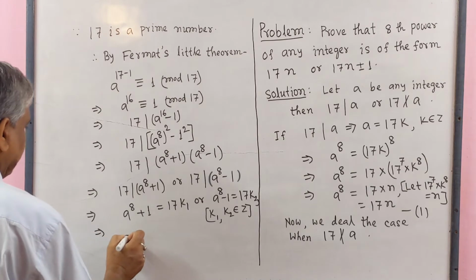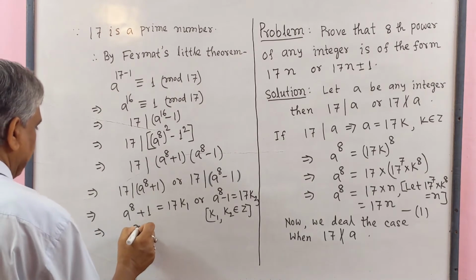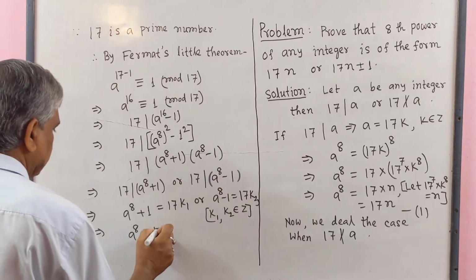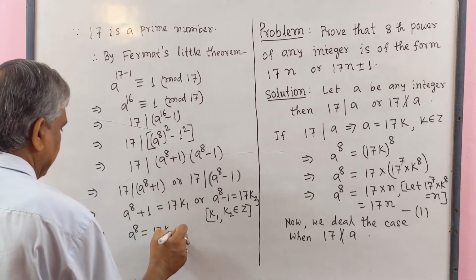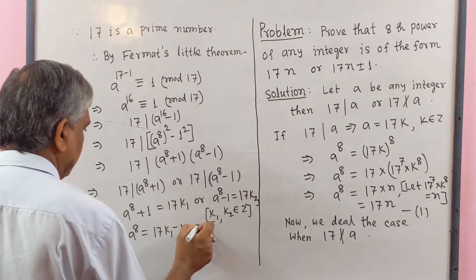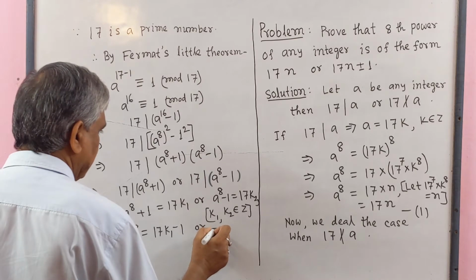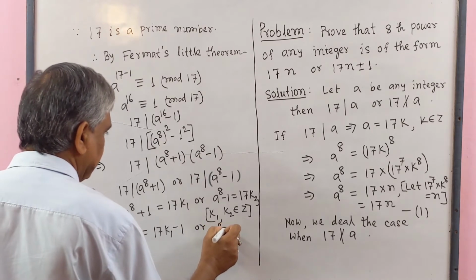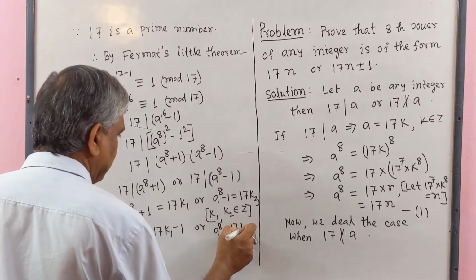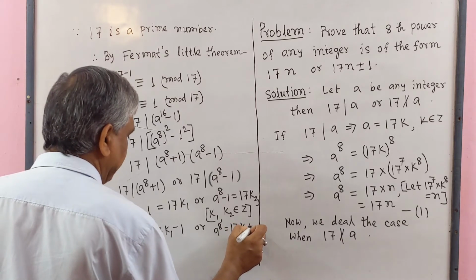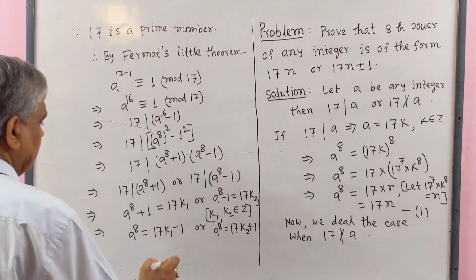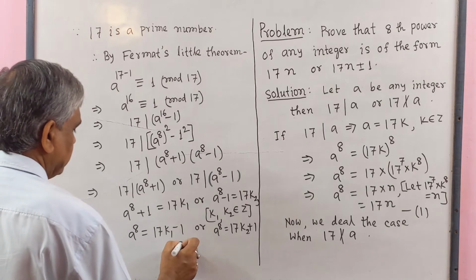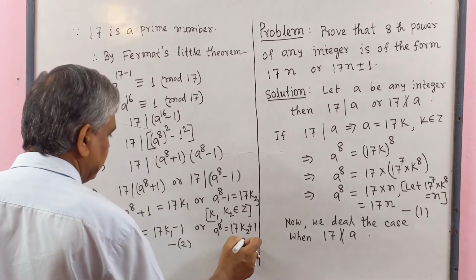Implies that a to the power 8 equal to 17k1 minus 1 or a to the power 8 equal to 17k2 plus 1. This is number 2 and this is number 3.